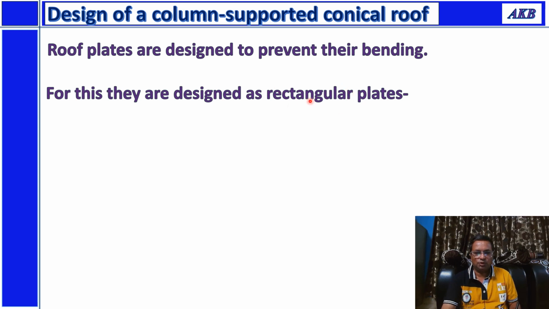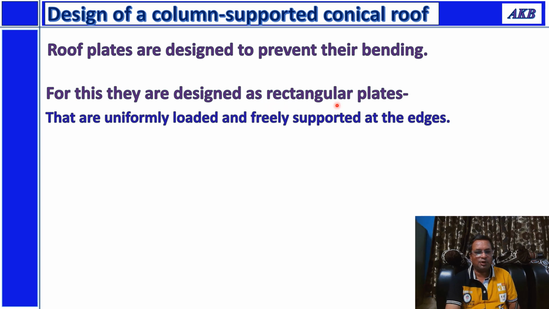Those roofs will be formed from multiple rectangular plates, and in order to prevent their bending, they are designed as rectangular plates. What is the meaning? We are talking about rectangular plates that are uniformly loaded and freely supported at the edges. So the roof plates will be designed as if they are rectangular plates like this.